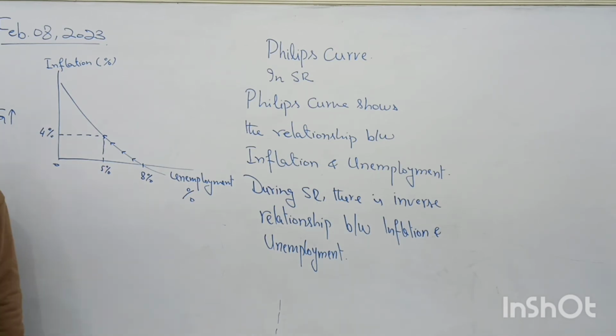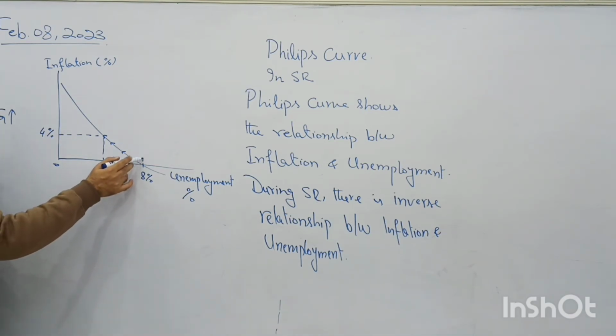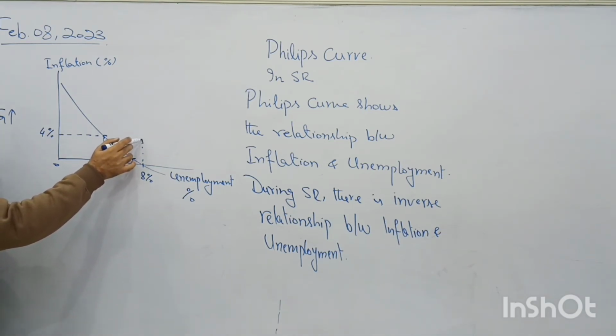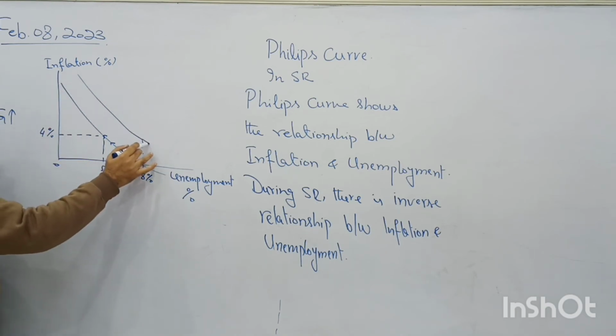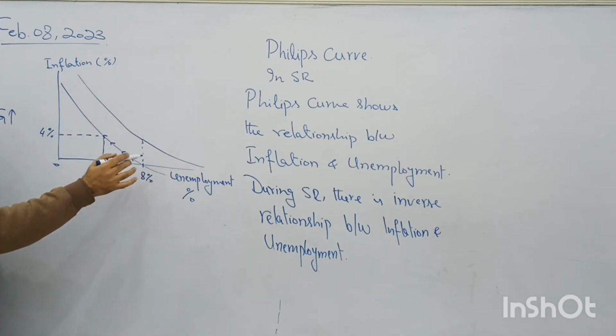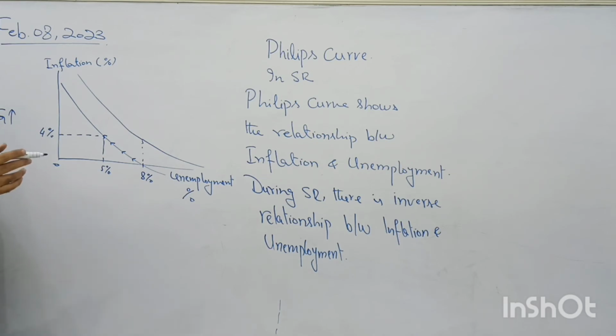So when expectations are reformed, like real profit of the firms that is decreasing, do you think those firms will increase investment or decrease investment? They will decrease, they will lay off some of the workers because their real profit is decreasing. Okay? So as a result, there is going to be a rightward shift of the Phillips curve in the coming period.